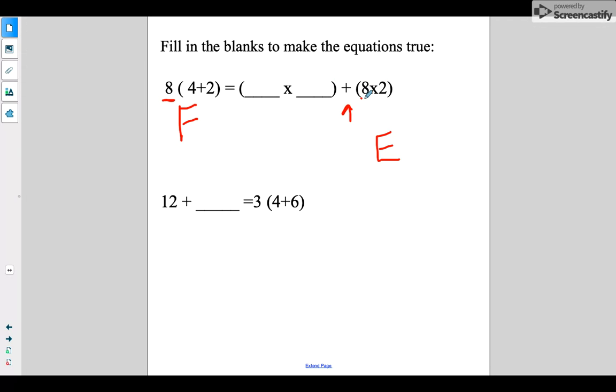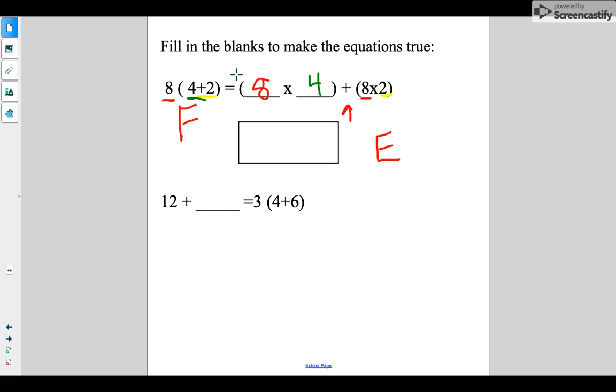So if the 8 is here, I know the 8 also needs to be here. Now this one says 8 times 2. That 2 came from this factored form. So now I know the other part of that box would have needed to be a 4, which is here. Another way to think about it is by drawing the array that you need.